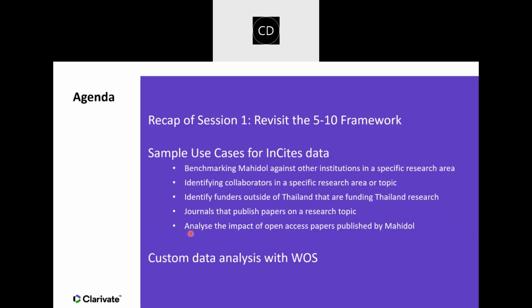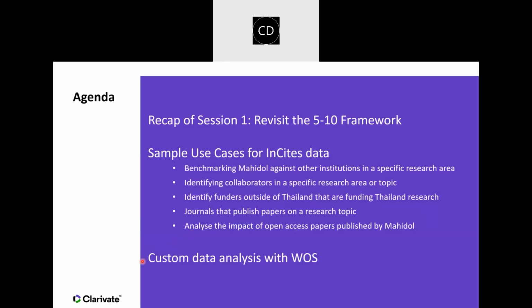Open access publications require the university or even the researcher to pay the article processing charges, and sometimes these fees can be very high. By doing this analysis, it would help you to see whether these publications have given you enough citation impact or research impact to be able to say, hey, I've made a good investment in these open access papers.